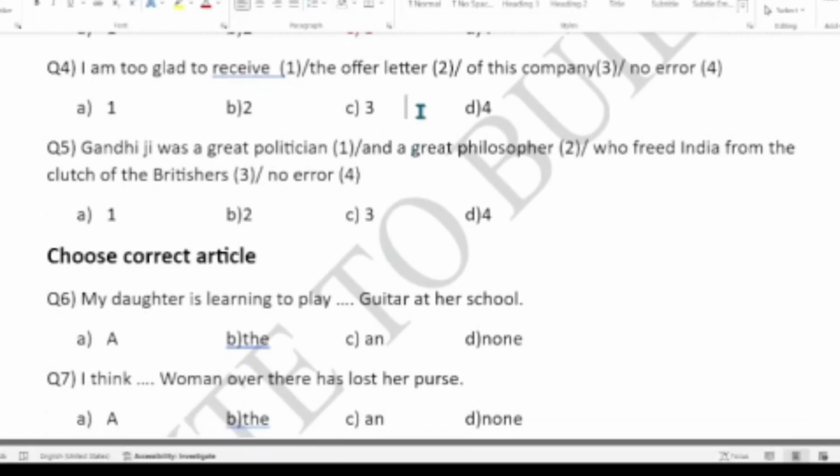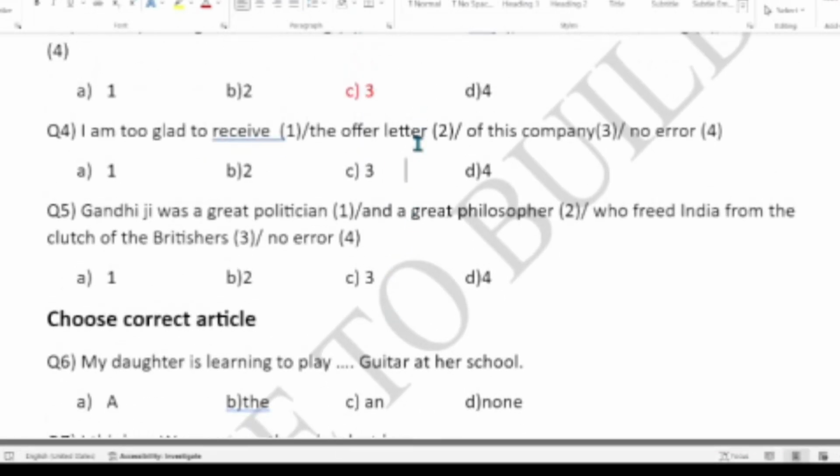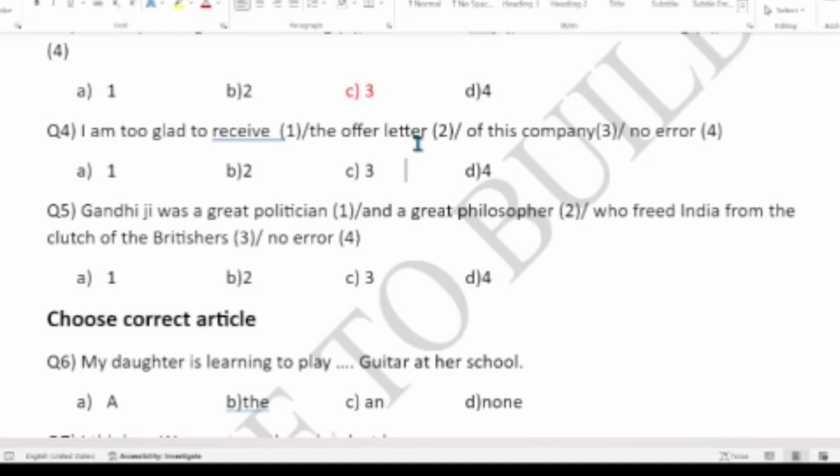Now we read sentence number 4. I am too glad to receive the offer letter of this company. Here we can say that the error lies in part number 1, I am too glad, because too is basically used for a negative sense.